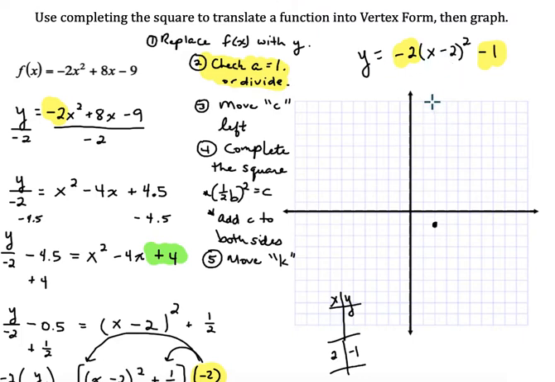I'm sorry, +2. Don't forget that that's a minus in the rule, so you have to switch the sign. So x is equal to 2. So there's my axis of symmetry. And then 2, -1.